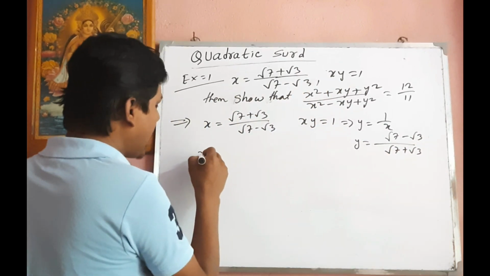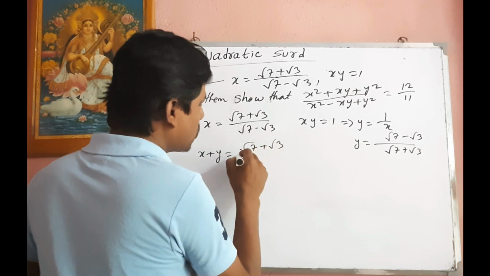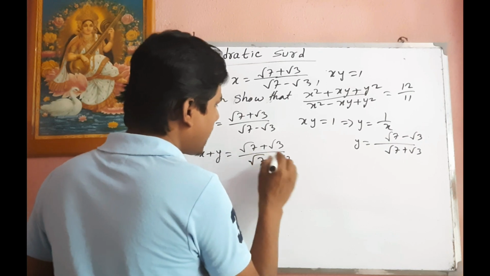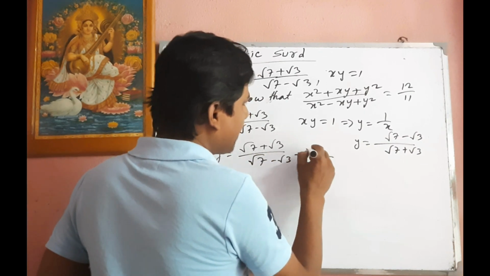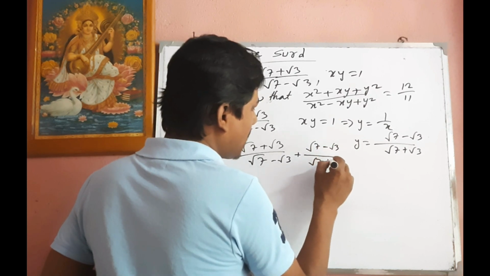If we want to find x plus y, then we get root 7 plus root 3 divided by root 7 minus root 3 plus root 7 minus root 3 divided by root 7 plus root 3.